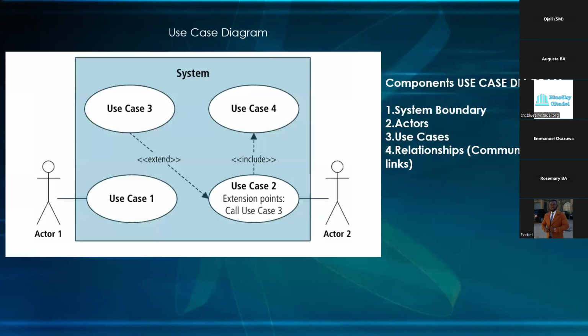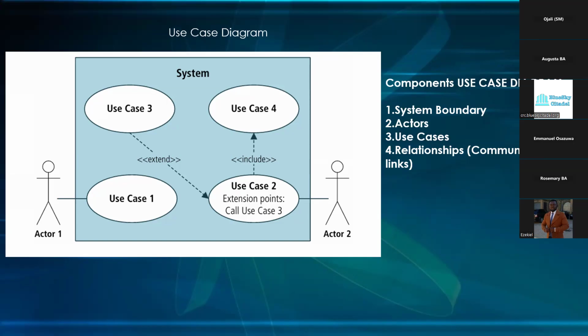Now, these are what we're going to be looking at today. This is a basic diagram of a use case. These things here might not make sense to you yet. Like I said, components of a use case diagram. First of all, we have the system. Now what is a system?